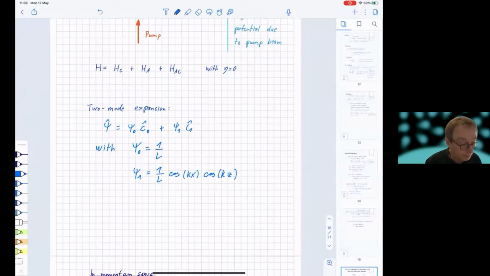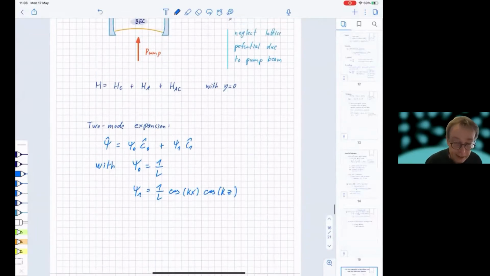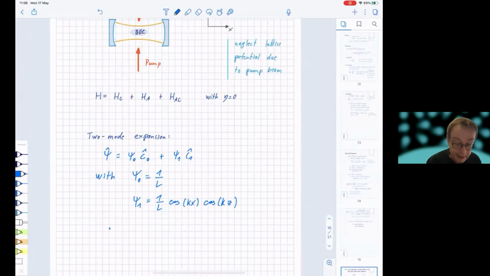Okay, and what you have is that you pump the system and you can scatter photons from the pump field into the cavity mode.